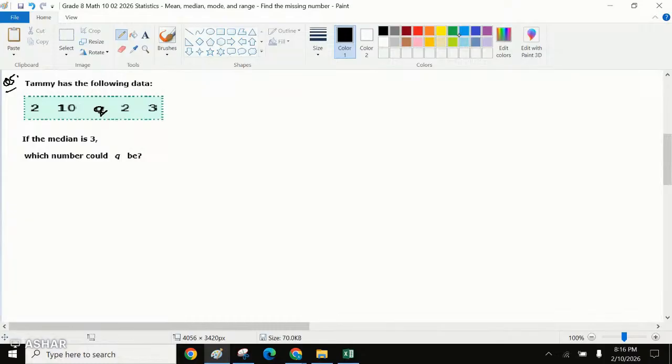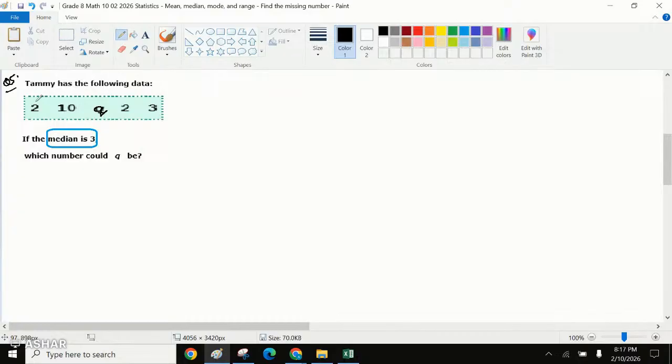So in order to find the median, the first thing we need to remember is median is always done in ascending order, right? So we can say we had 2, 2, agreed? I'll just write it again, bad handwriting.